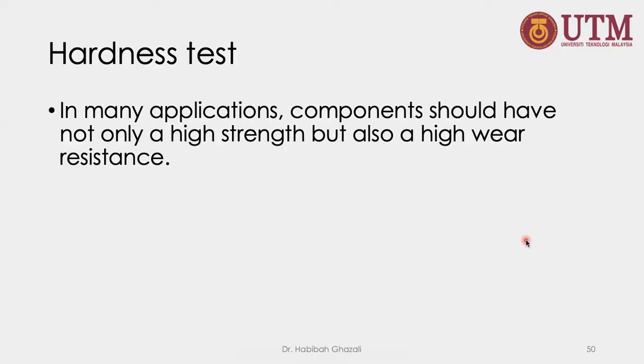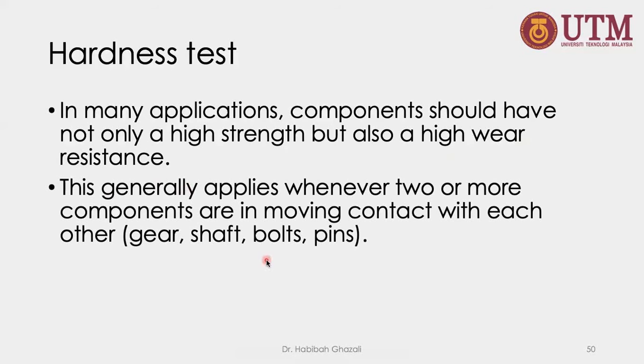Okay, so we want to ensure that the structure has a certain behavior in terms of hardness, which can influence the wear resistance. So when it is subjected to any interaction or friction, it won't create any cracks. This generally applies whether two or more components are in moving contact with each other.